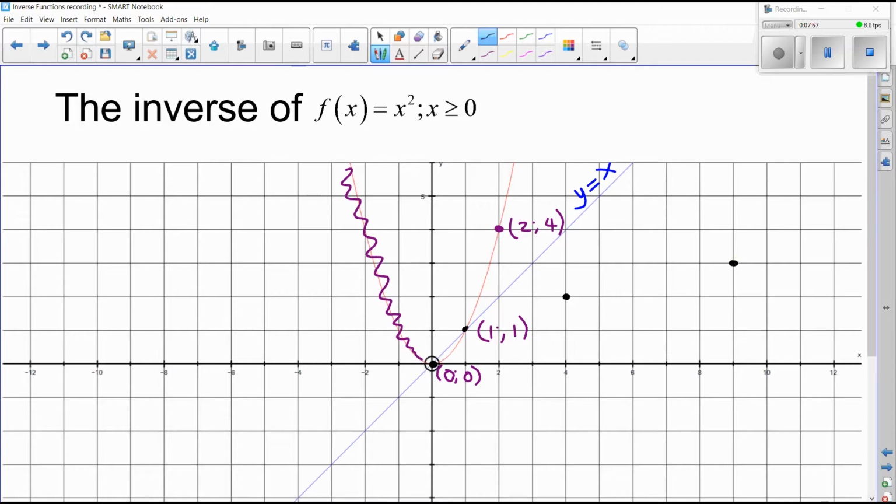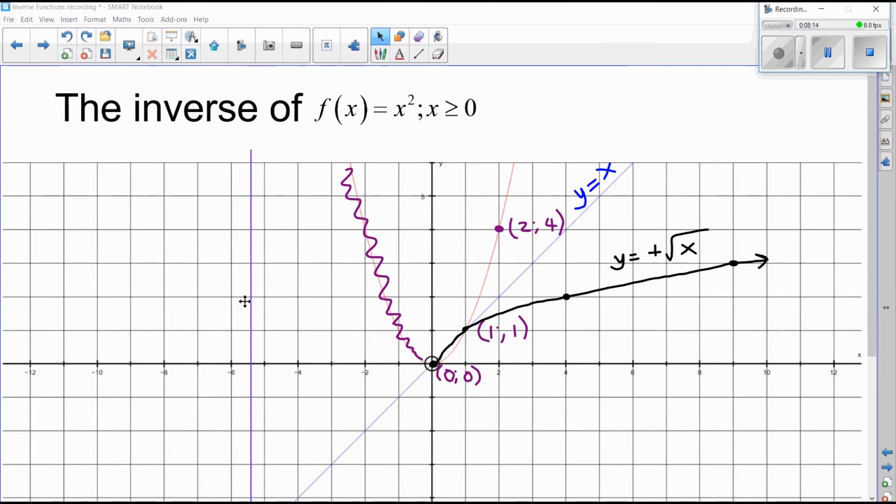But we see that this is the inverse, and the inverse will be the equation y equals positive square root of x. If we conduct the vertical line test, we see that the vertical line cuts my inverse at one point only, so my inverse is a function.